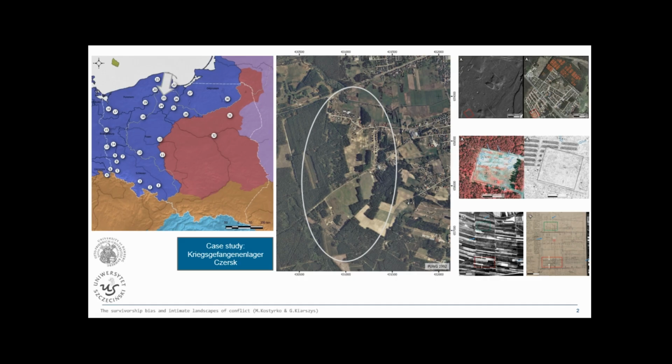Now, what was our research question? Our research question was, how was the landscape built to perform the needs of the German soldiers who were keeping the prisoners here? So the question was, what kind of power relations were within this camp?